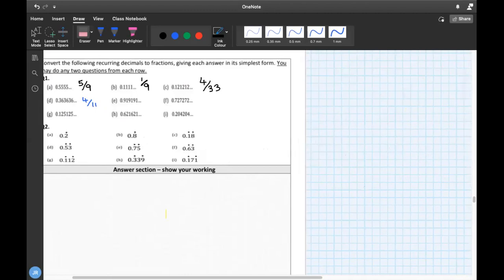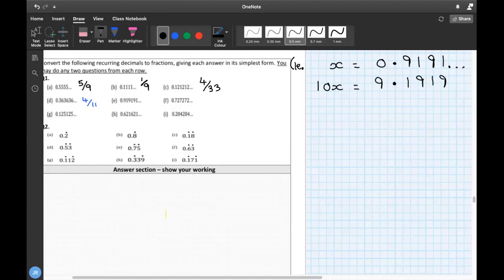Okay, so we're on 1E now. Let's say x is equal to 0.9191. 10x, we know that that's not going to work. It's going to go 9.1919. It's going to have to be 100x, and that will be 91.9191.